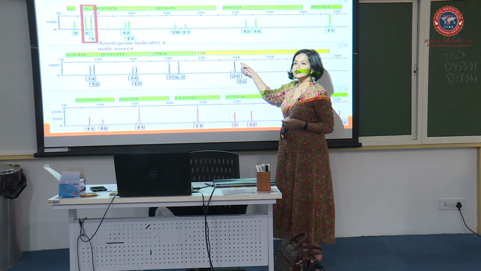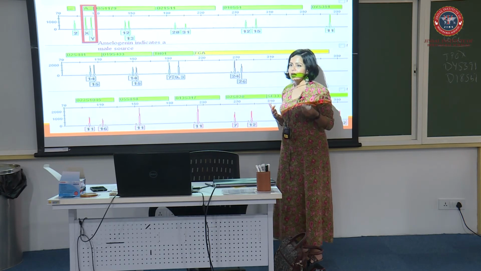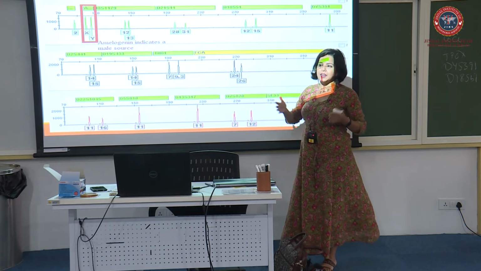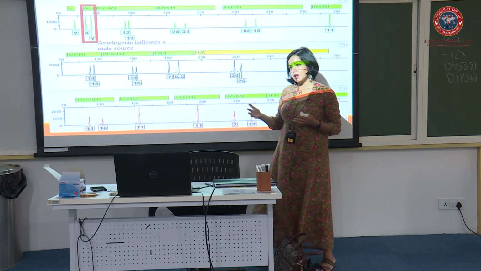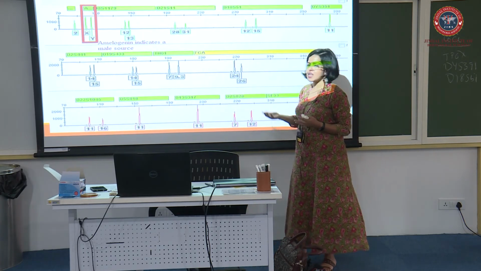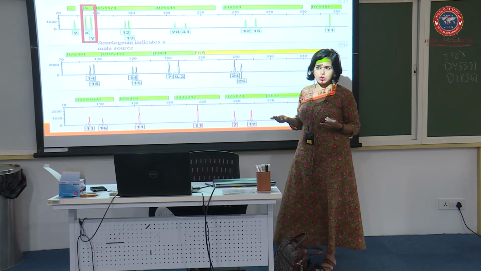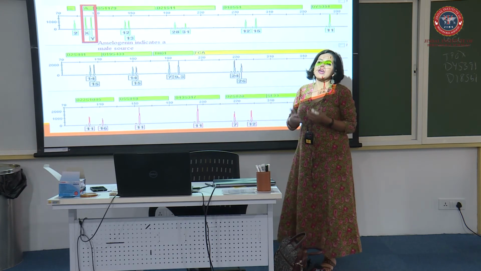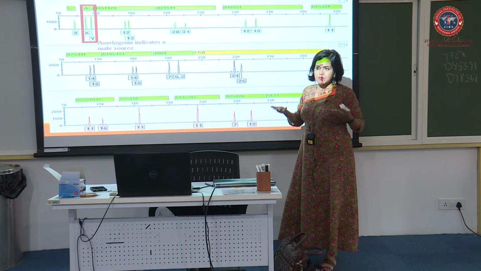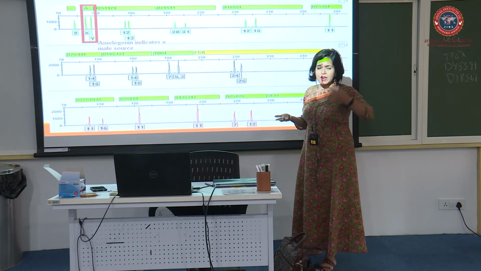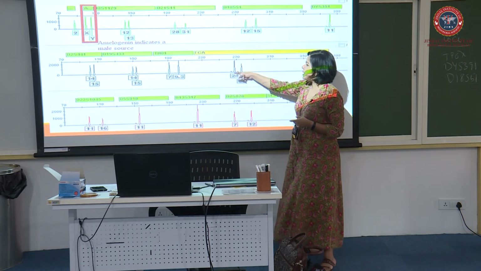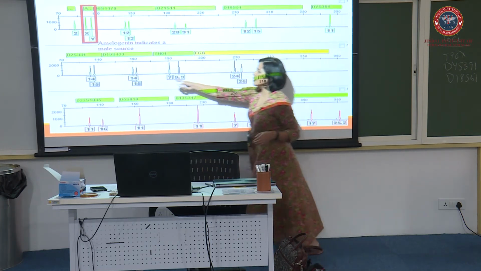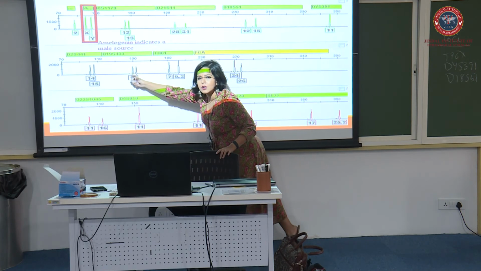But they are different. You are telling me that that individual has 24 and 26, right? So they must have equal copies of both. Because if I break down 5 cells, I'll only get 5 copies of both. So 5 copies of 24, 5 copies of 26, which means my peaks must be at the same level, right?